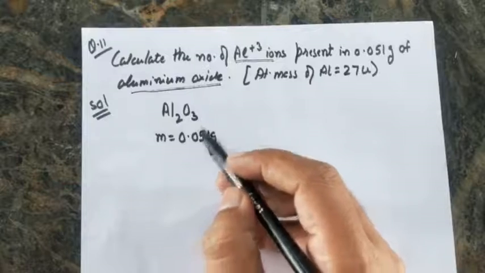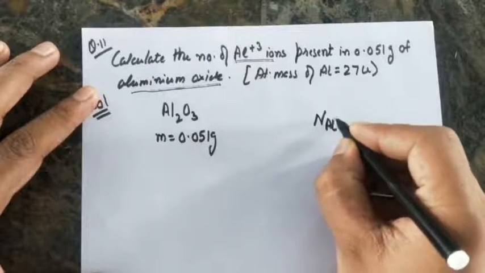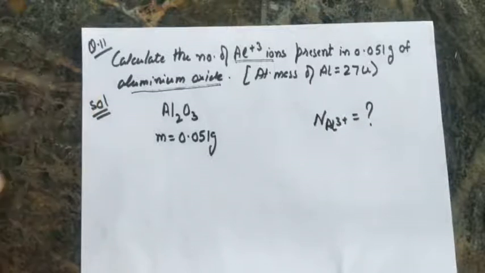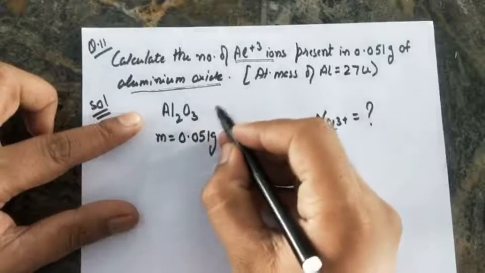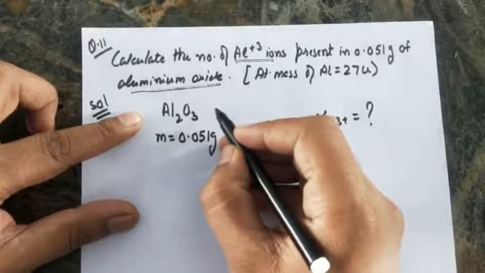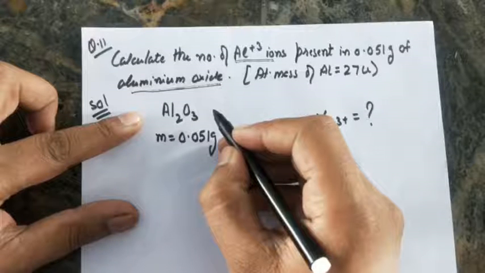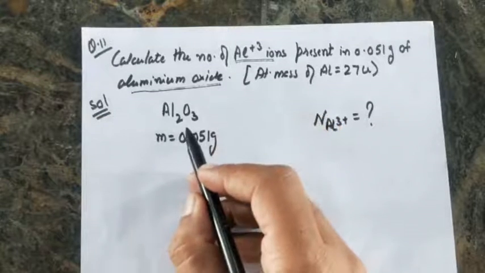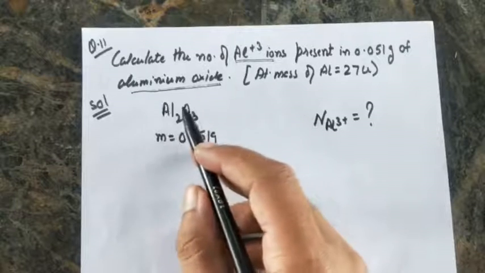Okay, and we have to calculate the number of aluminium ions, Al3+ ions. Since students, this is a molecular substance, that means Al2O3 is a molecule, it is not an ion or an atom. Therefore, by using the formulas, we will be able to calculate the number of Al2O3 molecules.